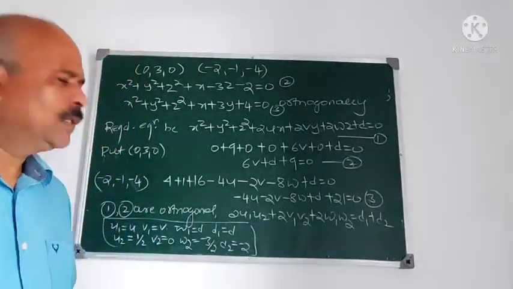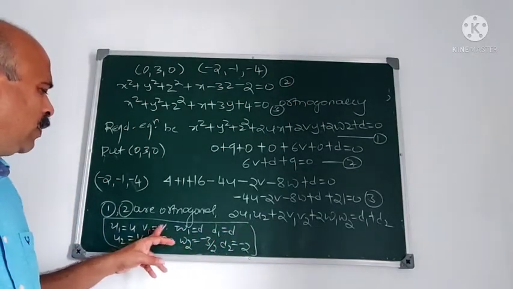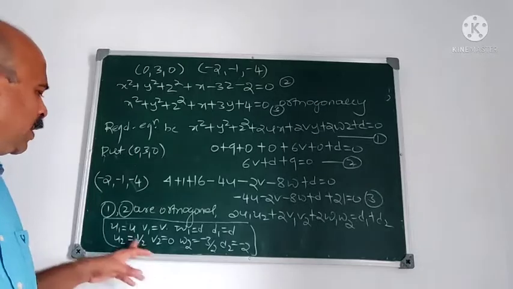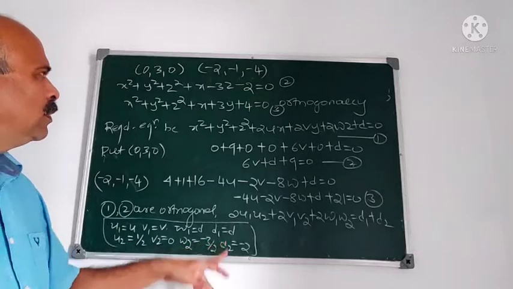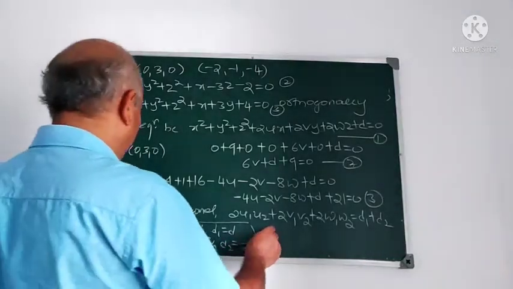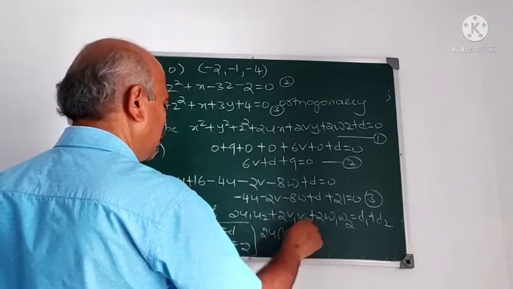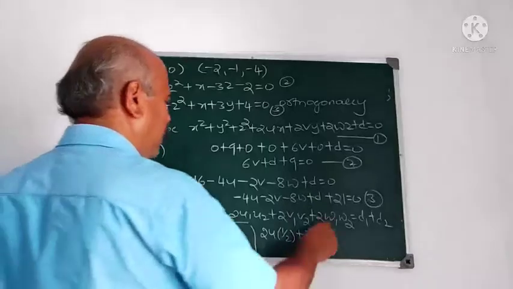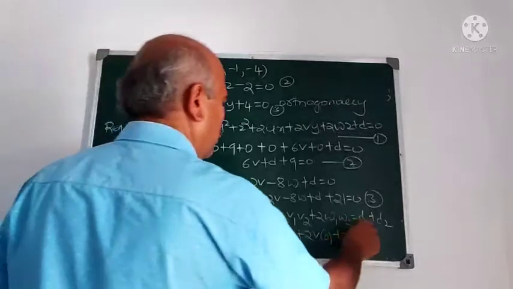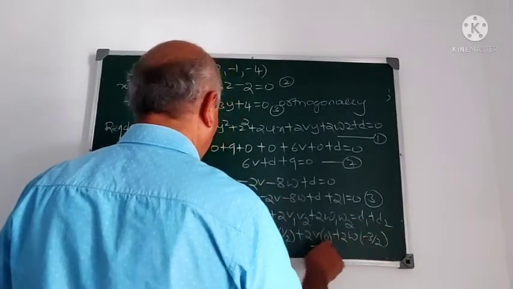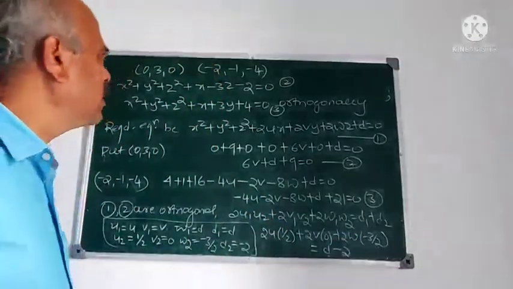While applying the condition of orthogonality, we should first write u1, v1, w1, u2, v2, w2. Am I correct here? Half, 0, minus 3 by 2, minus 2. Therefore, 2u into half plus 2v into 0 plus 2w into minus 3 by 2 is d minus 2.